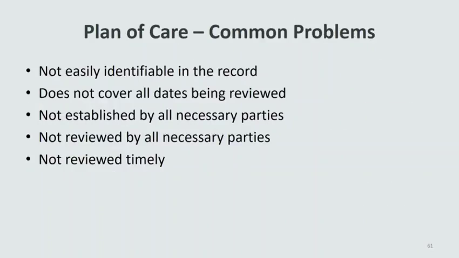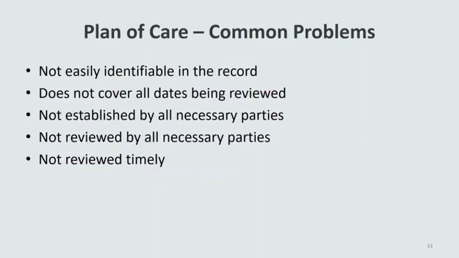Now, some common problems with the plan of care are that they can't find it in the record or they can't find all the components. There will be something marked plan of care, 485, and the medication list, which is supposed to be part of the plan of care, isn't there. Or it's in another part of the record, and it's not marked as being part of this plan of care. So make sure all the components are there.